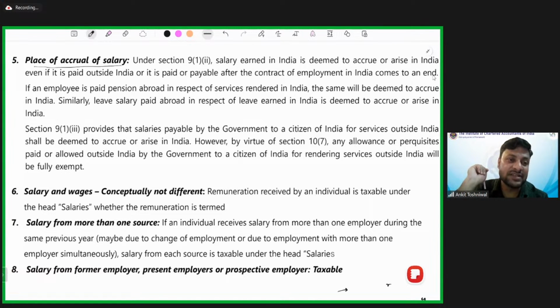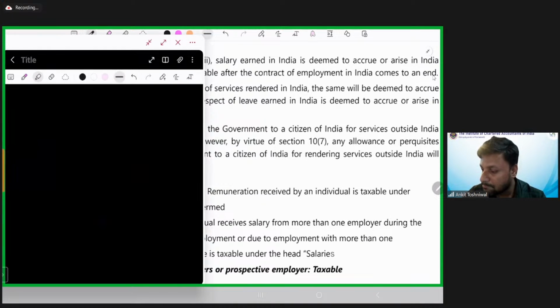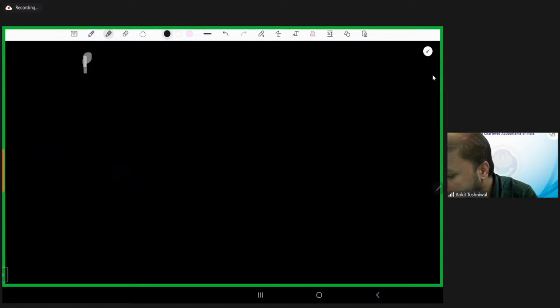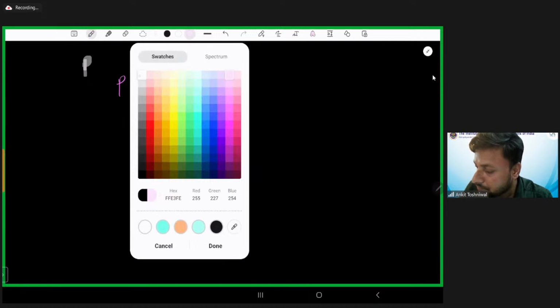But there is one more concept in section 9. If a person is an Indian citizen and he is employed by the government of India, who is rendering services outside of India, what are the major points?